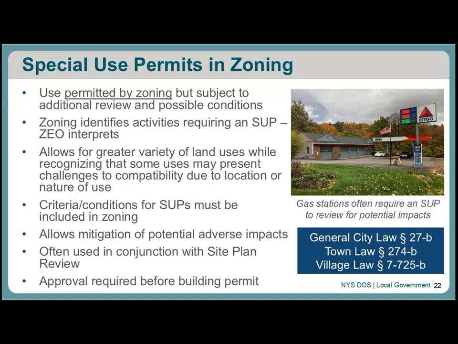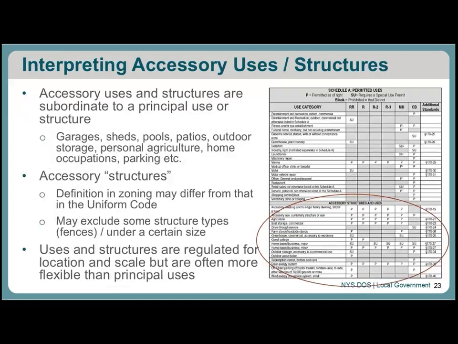And it often is in conjunction with site plan review, but not always, but that is a common scenario. And both need to be approved before a building permit can be issued. And for more information on special use permits, you can see the citations on the screen there for the sections of law that cover special use permits.